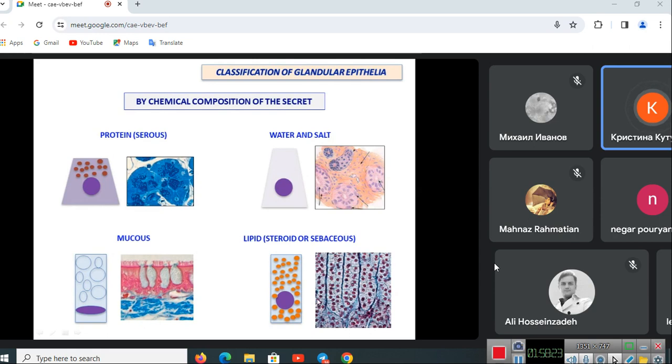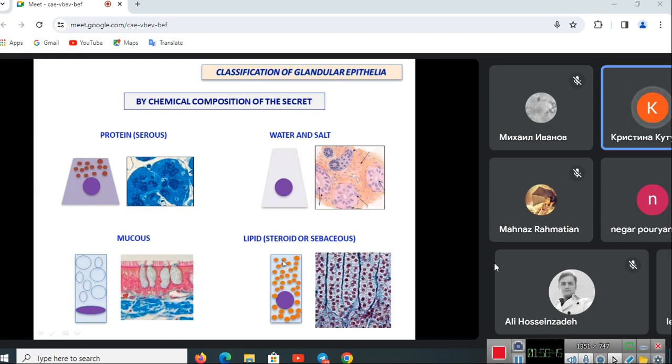And here, lipid or steroid producing cells. These cells have pale cytoplasm because it is filled with smooth endoplasmic reticulum, which is for lipid production, and secretory granules, vesicles filled with lipids.